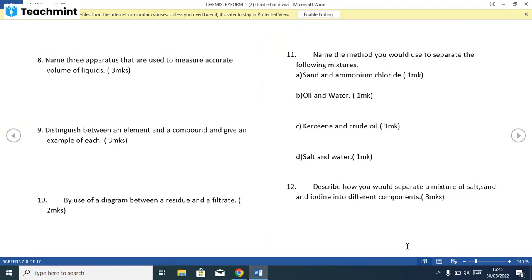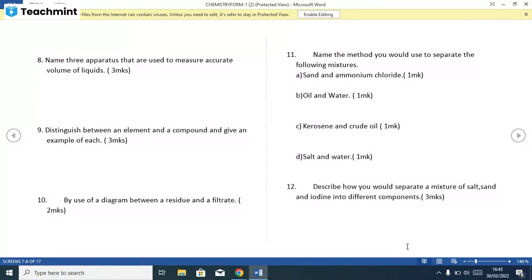Then after dissolving. Dissolving and what? And filtration. Dissolving and filtration, because ammonium chloride is soluble in water.